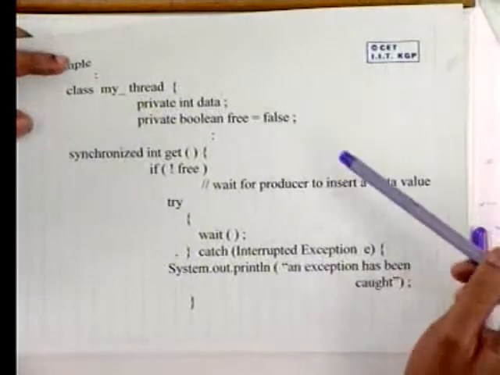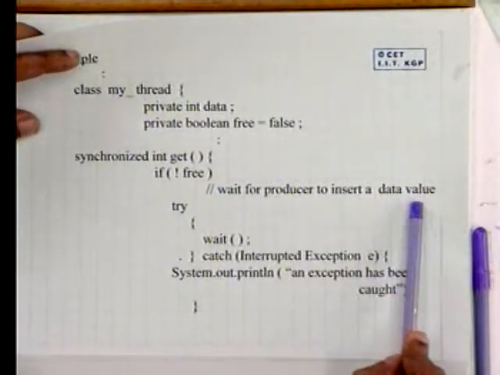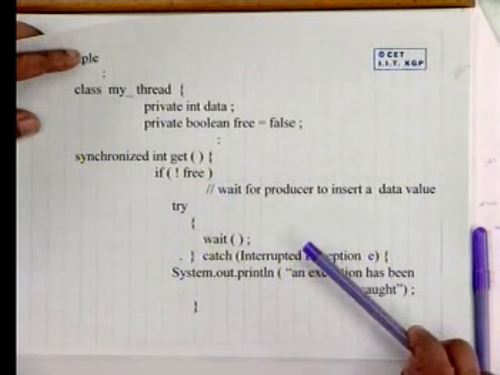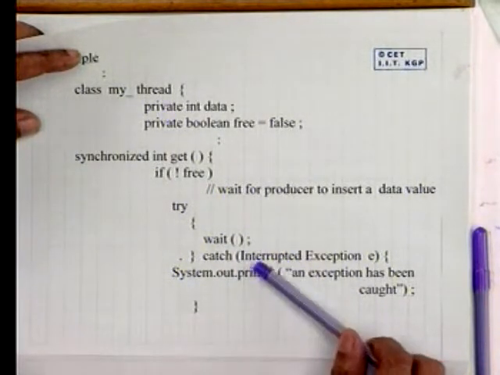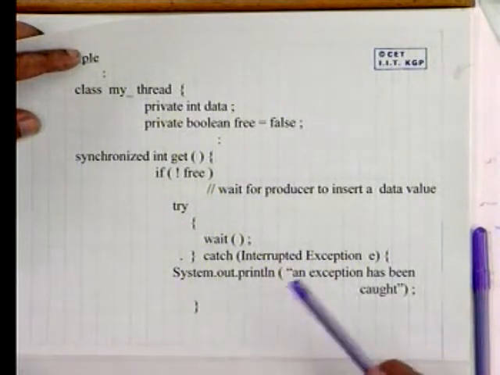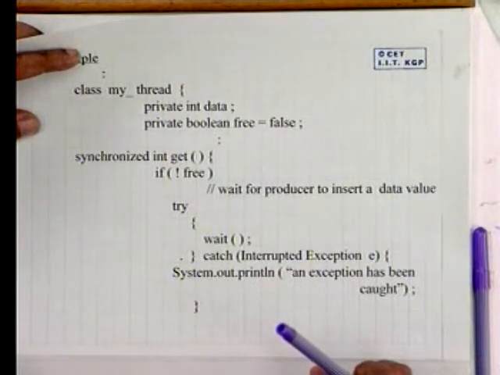So once the producer enters a data value, the consumer can start consuming the values that were written.